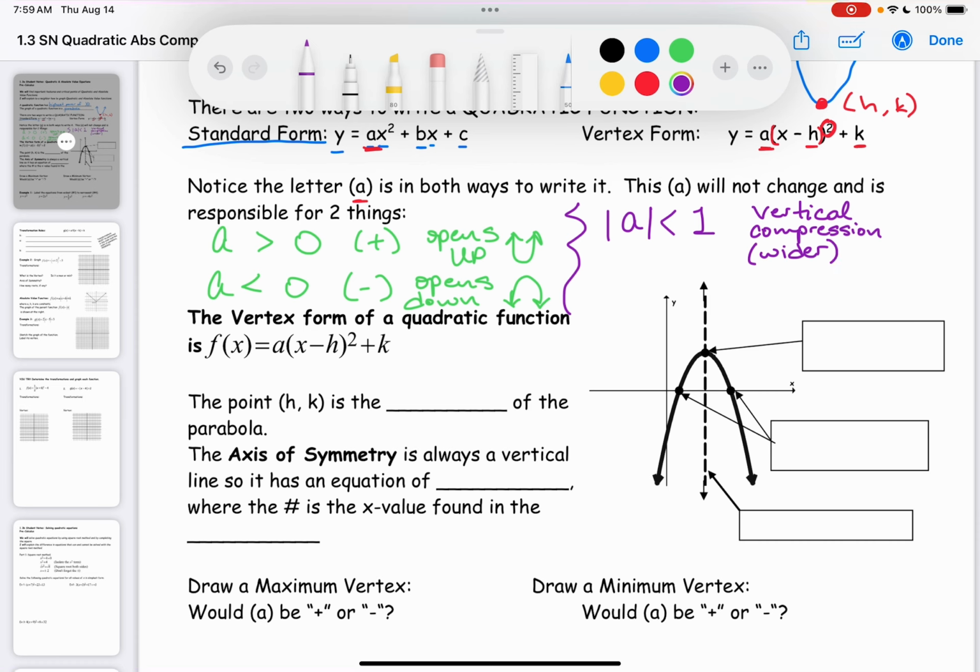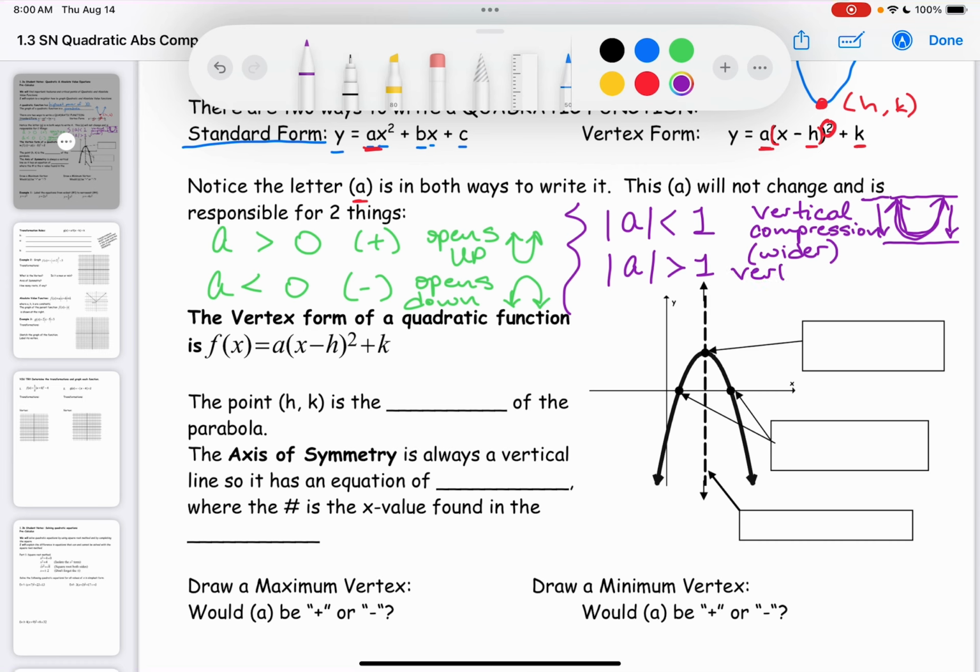The way I think about it is, if you had your parabola and you just squished it from above and below, you just squish it down. So what's it going to do? It's going to squeeze out. It's going to get wider.